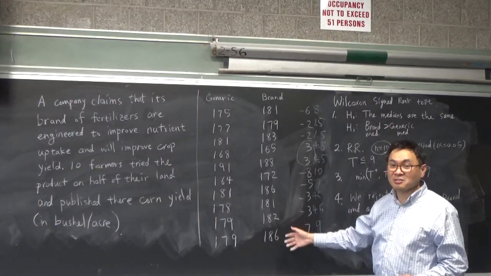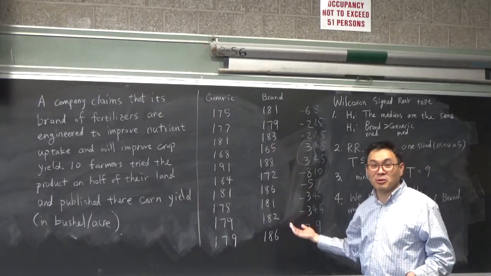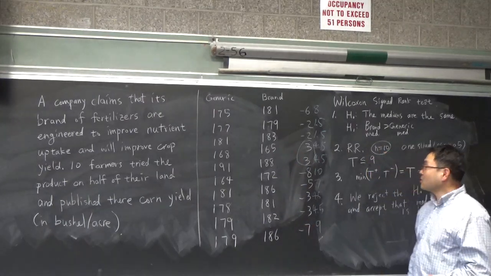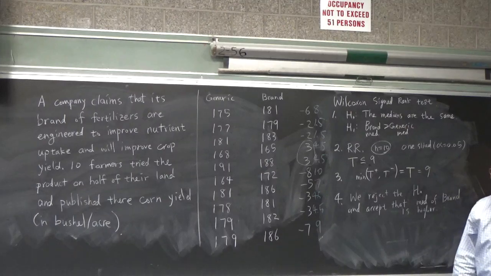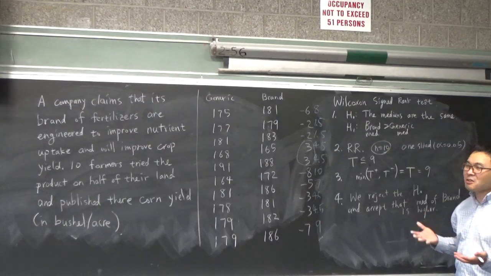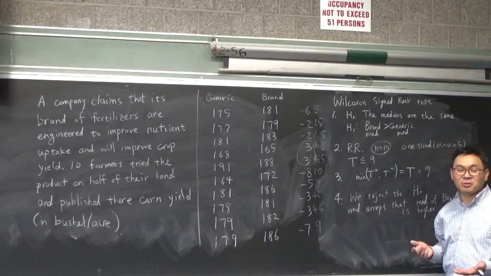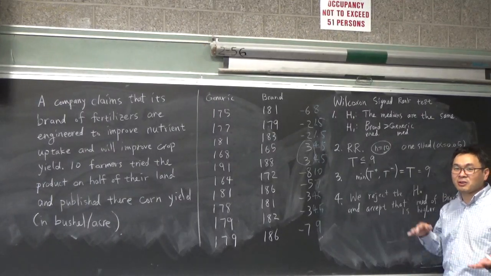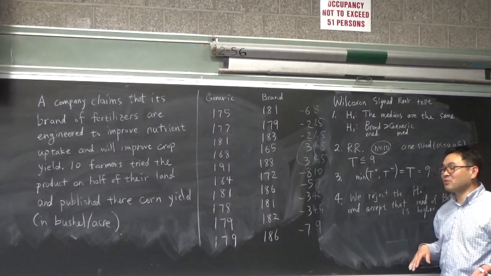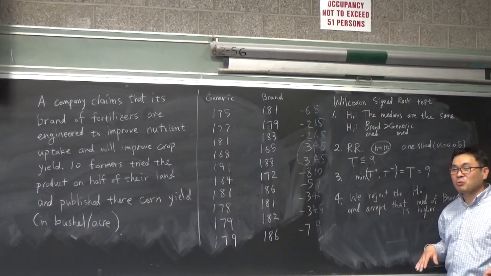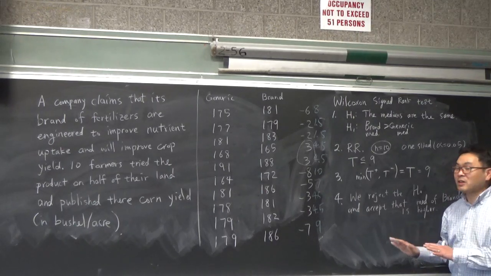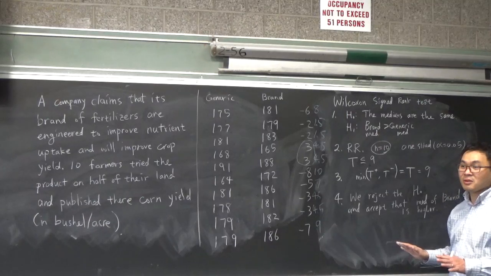It's sort of a result that the company would very much like, right? On the other hand, when we use the sign test, we got somewhat of a significant thing, but the p-value was 0.05, so it was above our significance level. So if we really stuck to 0.05, that would have been insignificant, okay?